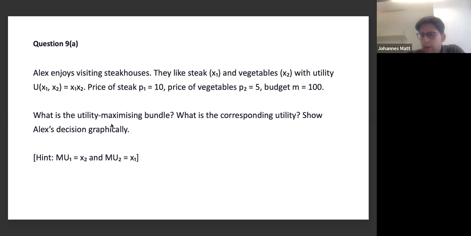Now, first question here is, what is the utility maximizing bundle? So what is the choice of steak and vegetable consumption that maximizes Alex's utility function? Okay. Next question is, what is the corresponding level of utility? So what is the number of this utility function here? And then finally, we're also asked here explicitly to draw a graph that illustrates this optimal choice problem.